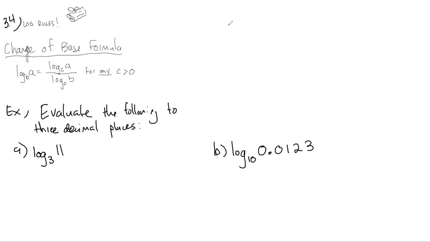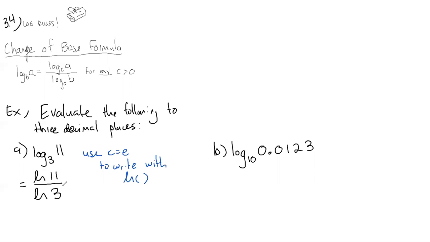But I'm going to use c equals e to write with the ln functions. According to the formula, what I should get is ln of the a, the input, divided by ln of the b, the base. So I'd get ln 11 divided by ln 3.